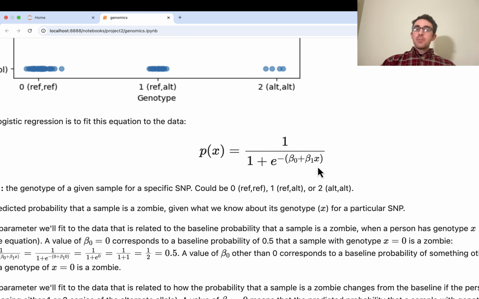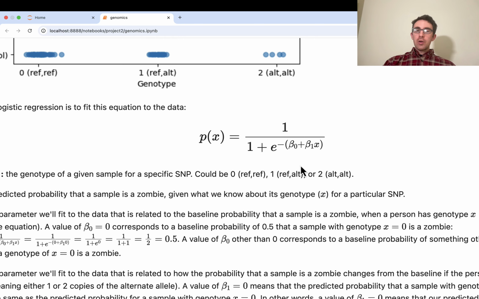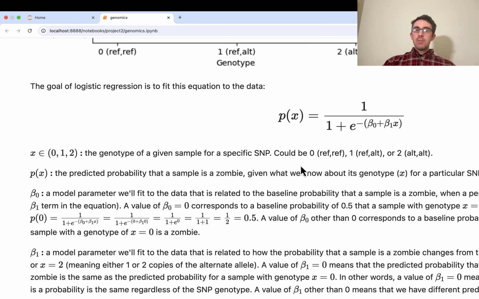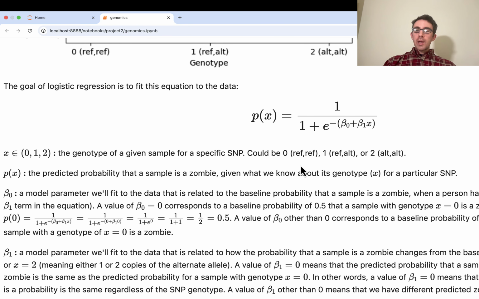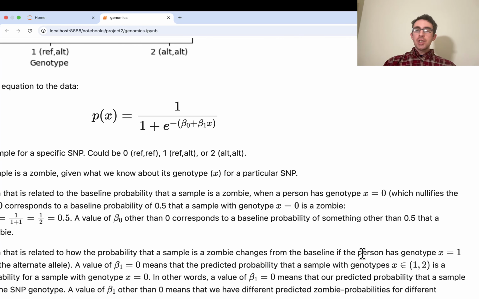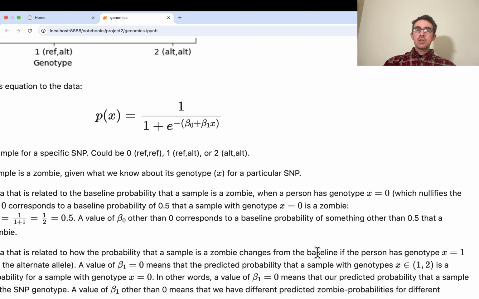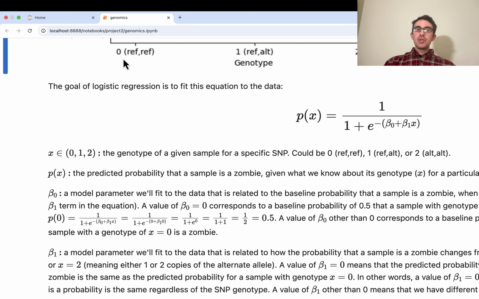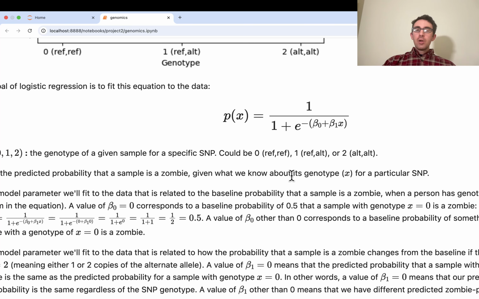Okay, so since beta 1 is the parameter that's being multiplied by our genotype variable x, the way to interpret beta 1 is that it's a parameter related to how the probability that a sample is a zombie or a case changes from the baseline, where remember the baseline is for people with genotype 0, if the person has either 1 or 2 copies of the alternate allele.